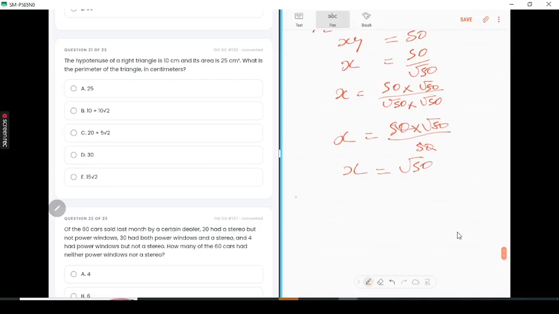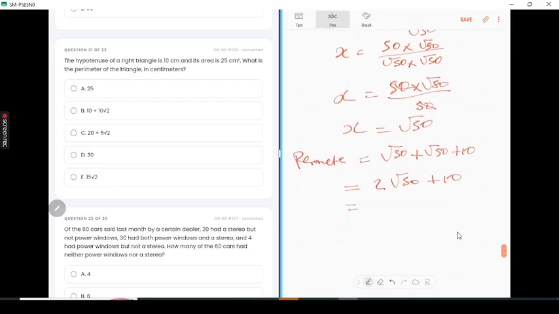Now the perimeter equals the square root of 50 plus the square root of 50 plus 10, because 10 is the hypotenuse. If we have the square root of 50 and the square root of 50, what do we do? That is 2 times the square root of 50 plus 10.